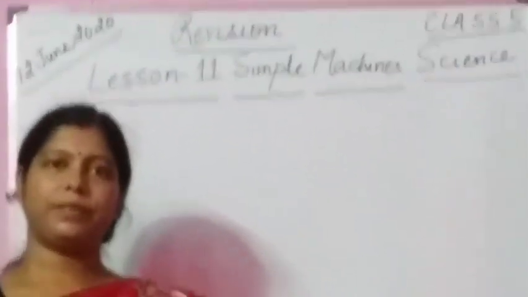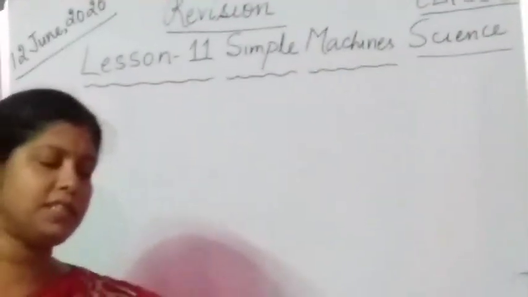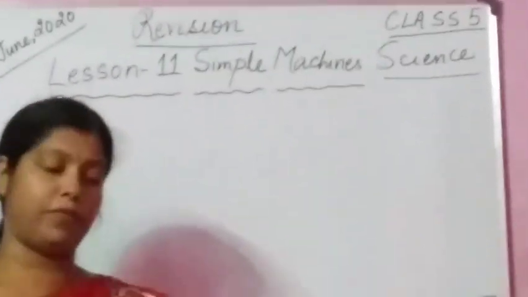Question number 8, in class 3 levers, the fulcrum is in between the effort and the load. This statement is false because in class 3 levers, the effort is in between the fulcrum and the load. You have to understand, in class 3 levers, the effort is in between the fulcrum and the load.